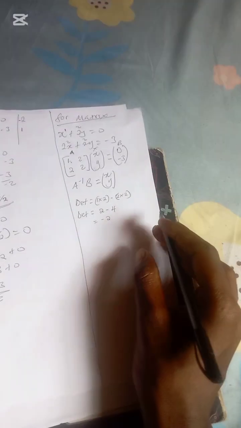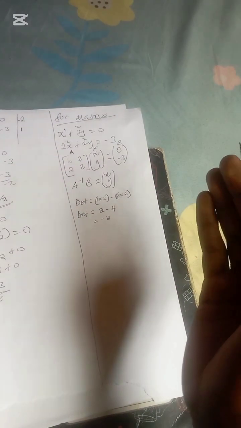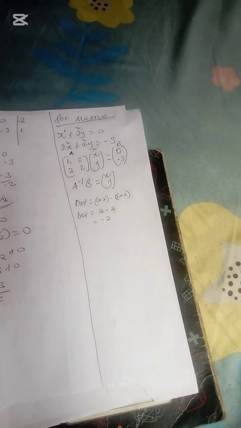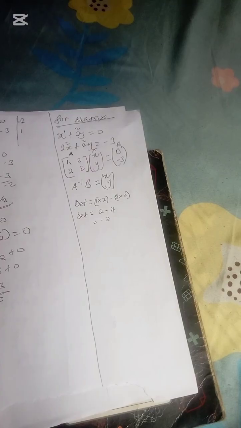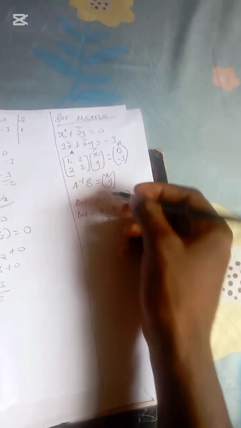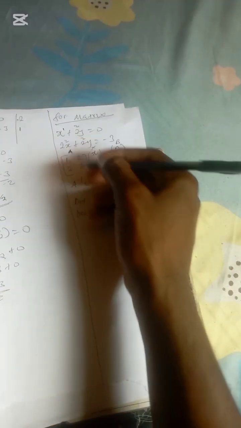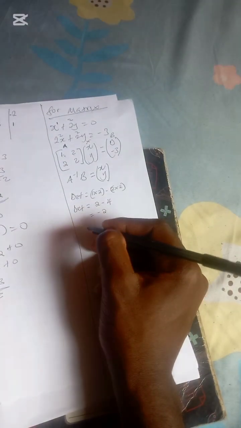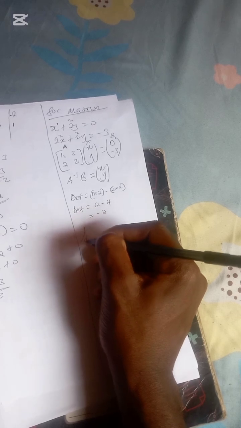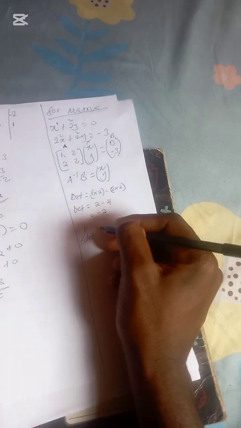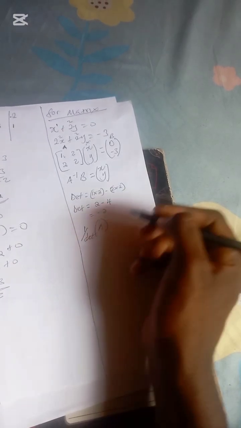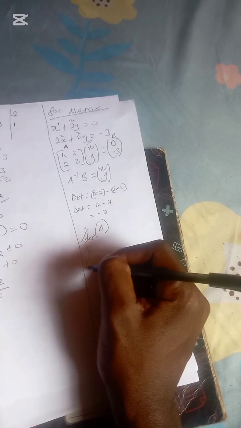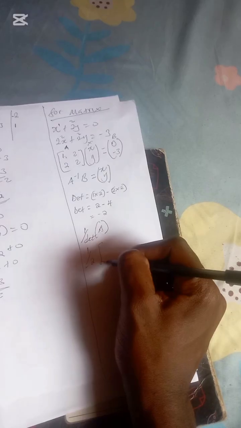In fact we are not going to go into detail on the inverse, but we just have the adjoint. Since we have this one, for the inverse we just say 1 over the determinant times the adjoint matrix of A. So it will be 1 over negative 2 times this one.